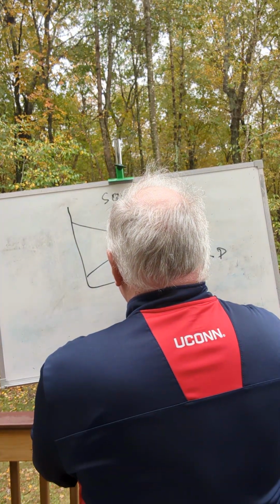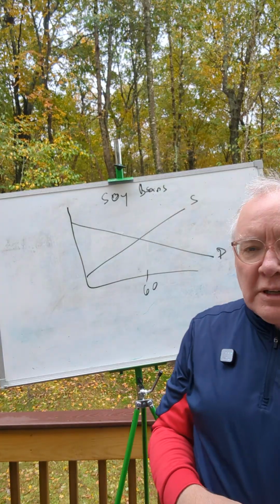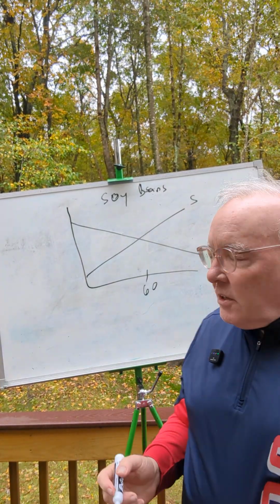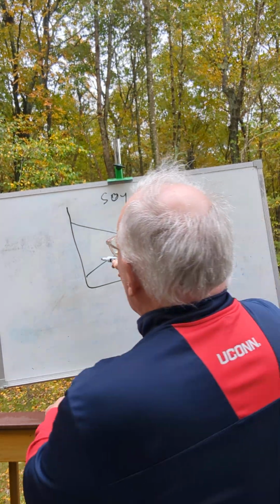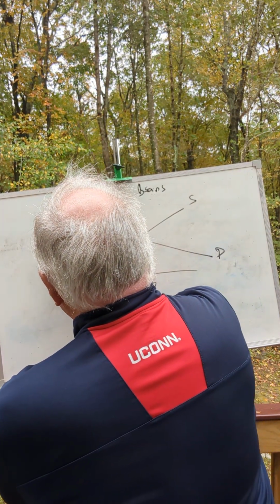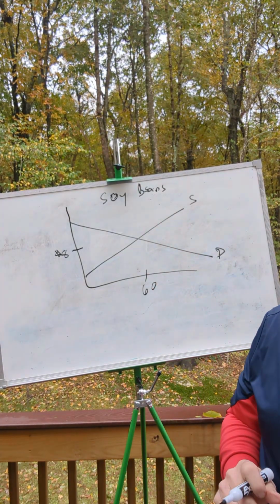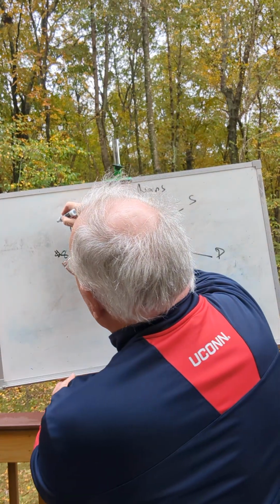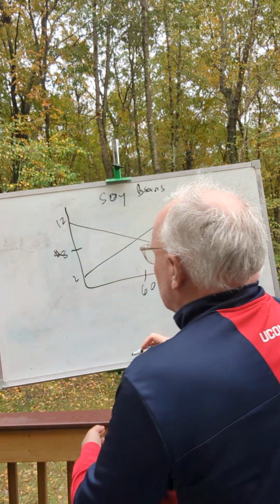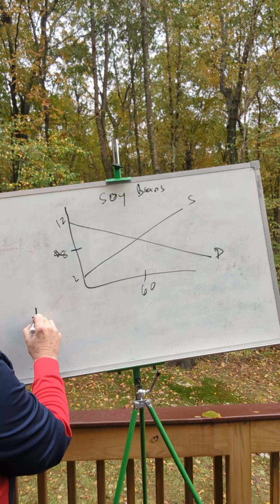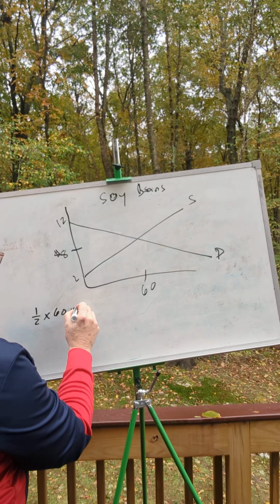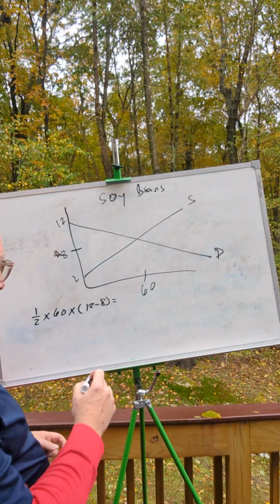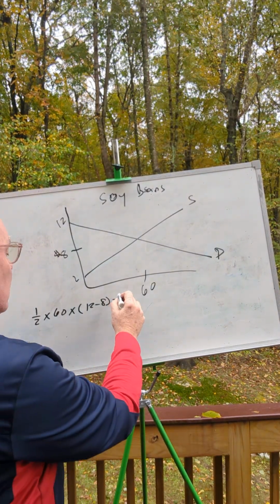And let's say that within the world without trade, we would be consuming and producing 60 billion tons of soybeans every year, and that the price would be $8. And if that were true, then we would know the consumer surplus. Let's also put some intercepts here on the graph. And so we can calculate the consumer surplus is 1/2 times the quantity times the intercept minus the price, which in this case would be 120.